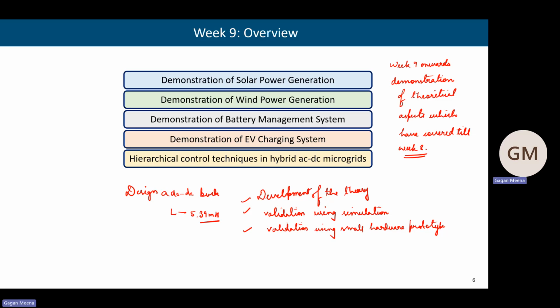Not all the non-linearities are captured in that theoretical model. But when we practically try to do the same thing on hardware, those non-linearities will come in. So why is this not working the same?